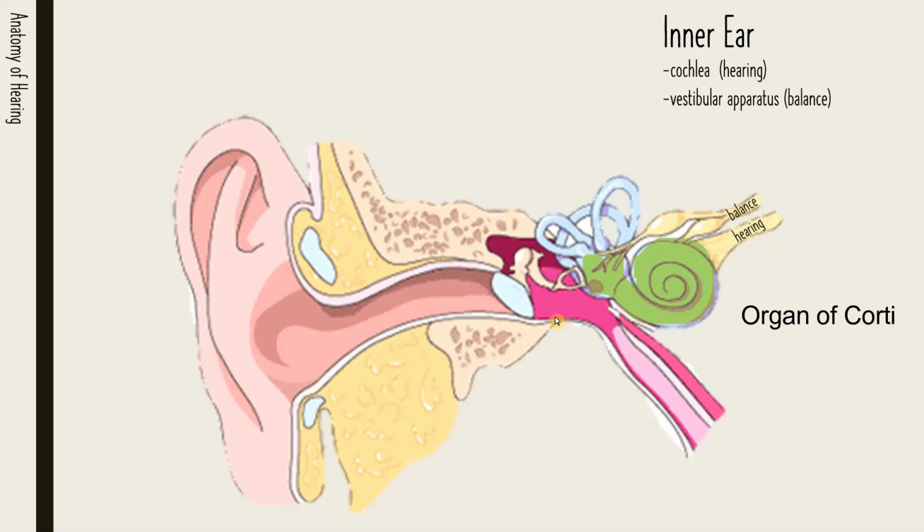The movement of these stereocilia converts fluid movement into nerve impulse action potentials, which are propagated via the cochlear components of the vestibulocochlear nerve. And once received by the auditory cortex, these nerve impulses can be perceived and interpreted as our sense of hearing.